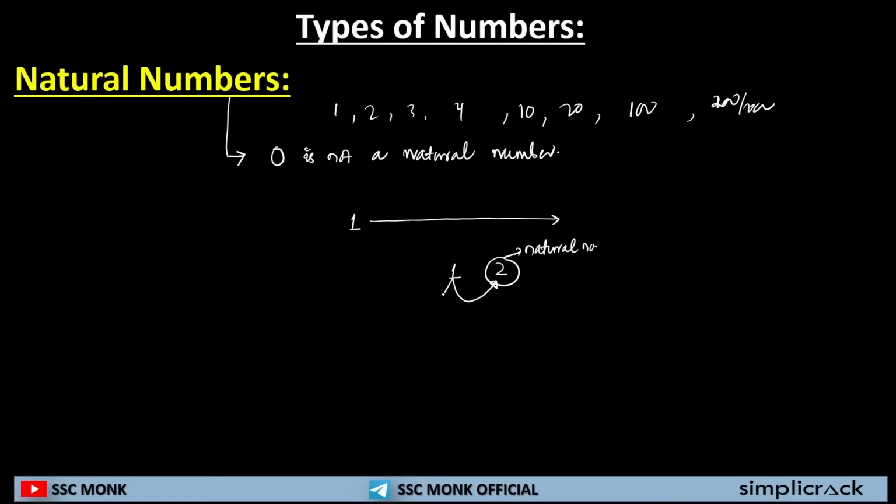Now, what is the predecessor to 1? Sir, we know 0 is the predecessor to 1. Is 0 a natural number? No. So that's where you should not commit a mistake. What is the mistake you should not commit? That there is no predecessor to 1 which is a natural number. Clear? Simple. You will get it in handwritten notes. Do not worry, just focus on the class. Next.